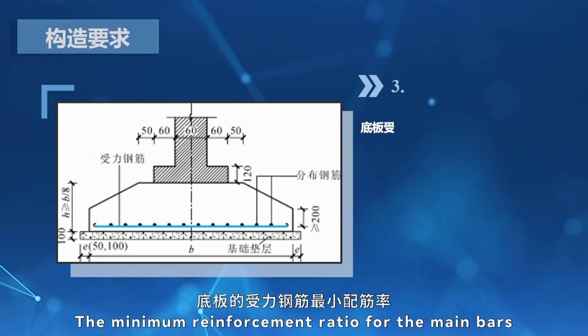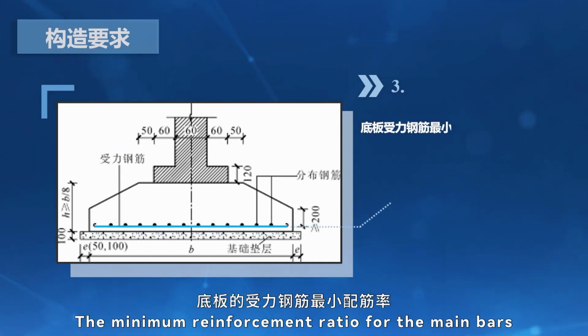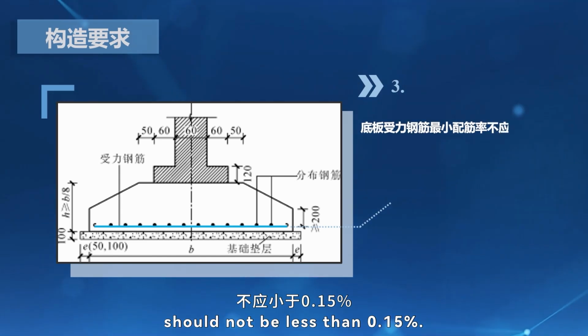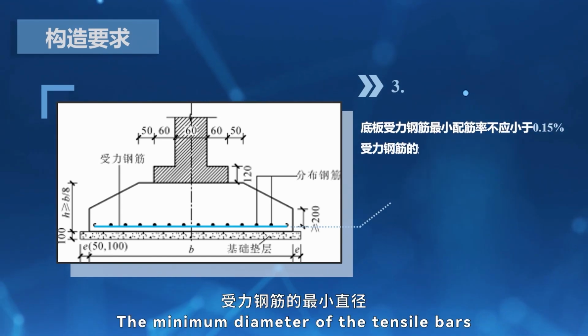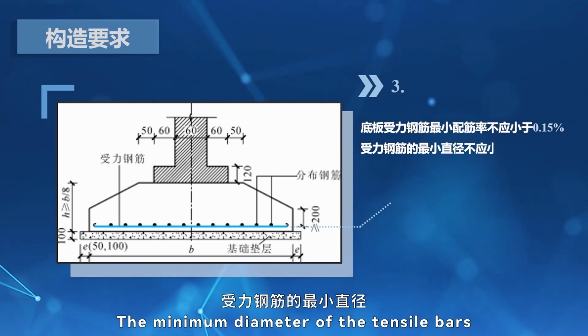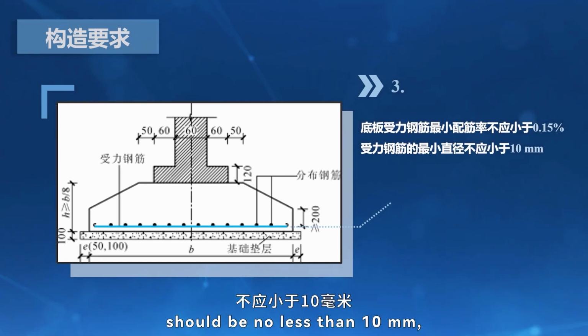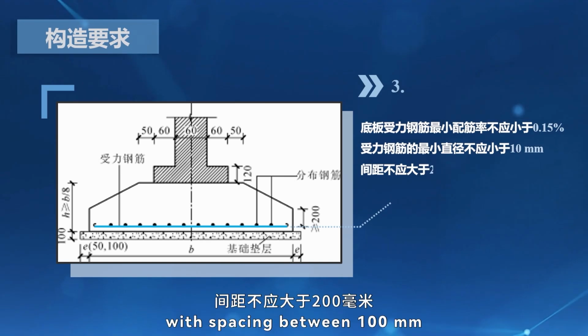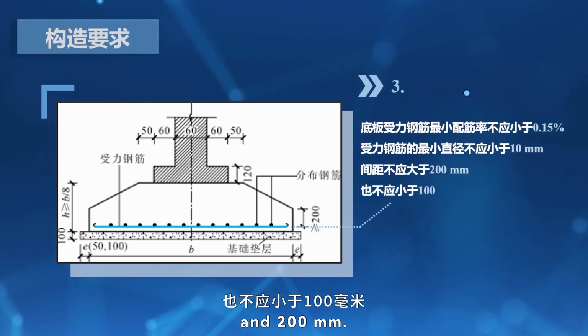The minimum reinforcement ratio for the main bars should not be less than 0.15%. The minimum diameter of the tensile bars should be no less than 10 mm, with spacing between 100 mm and 200 mm.